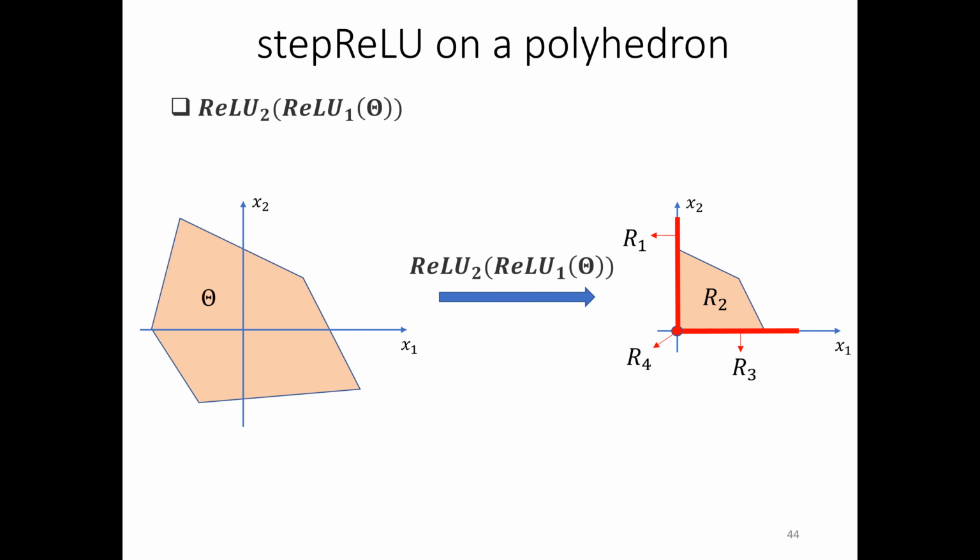So using the step ReLU operation approach, you can just deeply search. If you have a single polyhedron input set, after the first step ReLU it's gonna generate 2 polyhedrons, right? And then you just take one of the 2 polyhedrons, do it again, and get to another polyhedron, and you go deeply to check if the final polyhedron intersects with the unsafe regions or not.